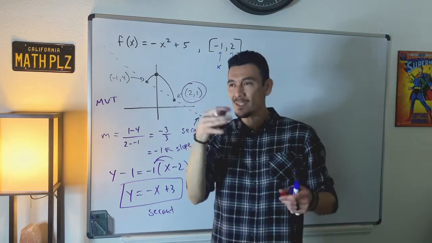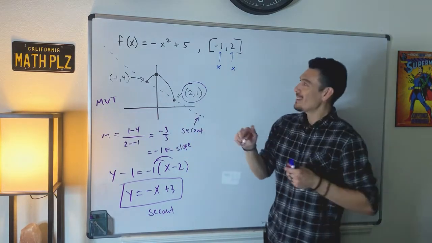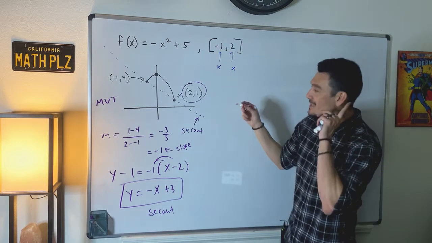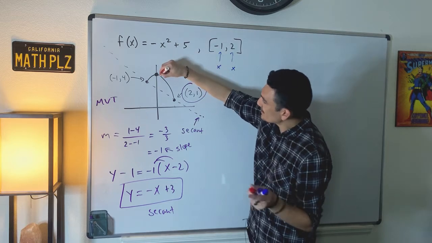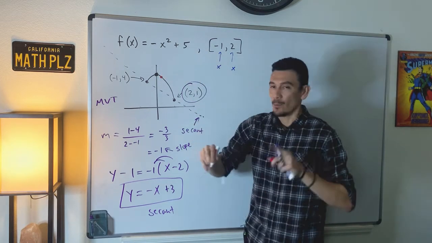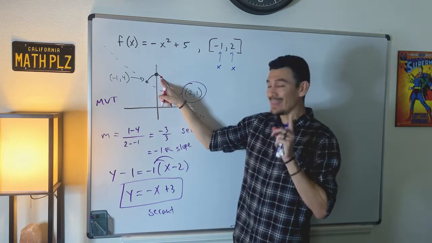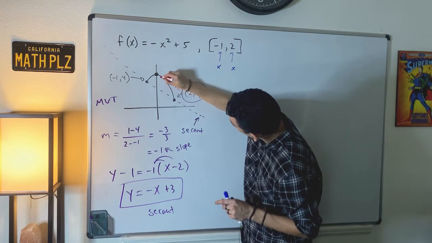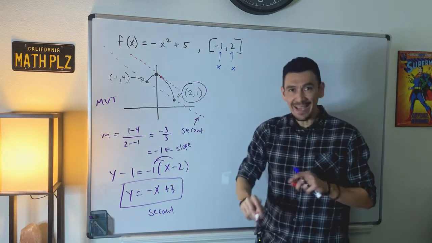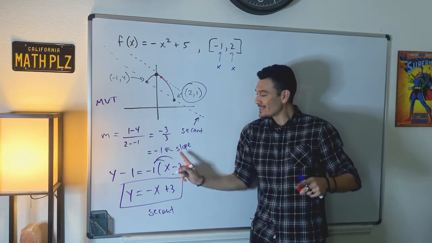I think usually the textbooks call it the number C. There is going to be some number C between here and here, such that at the point at C, let's just pretend that it's right here, your tangent line is going to be parallel to your secant line.